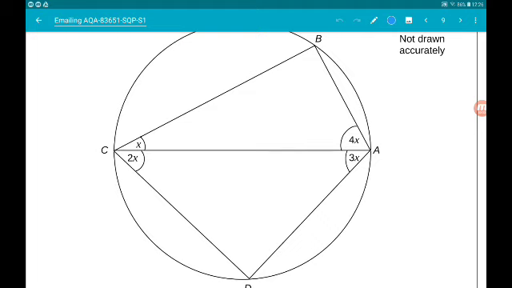So, when chords come off the ends of a diameter and meet on the circumference, they do so at 90 degrees.